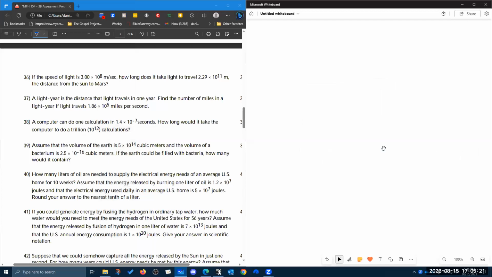A light year is the distance that light travels in 1 year. Find the number of miles in a light year if light travels 1.86 times 10 to the 5th miles per second. And we want the number of miles that it's going to travel in 1 year.